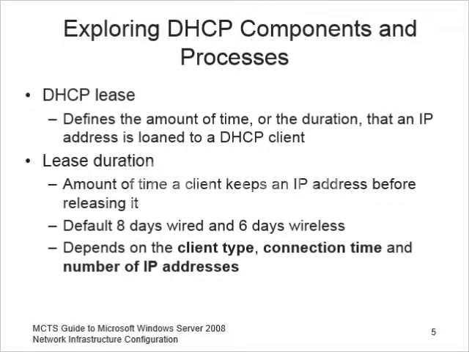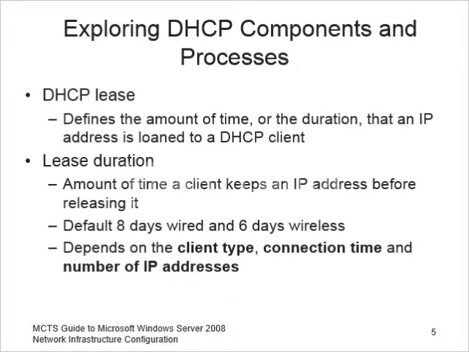A client uses a lease to determine when lease renewals are attempted and when it must relinquish its temporary IP address. For a server, a lease acts as a placeholder in the DHCP database. When a lease is issued, the IP address is removed from the available pool of IP addresses.